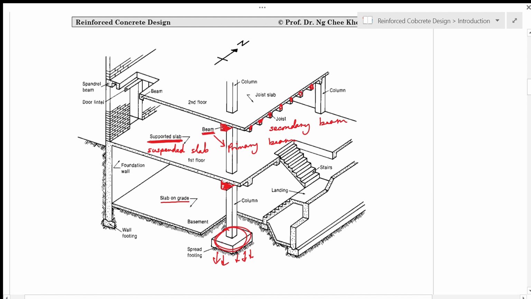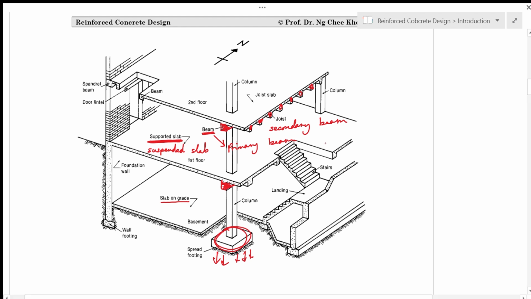So the concept of load transfer is that the slab transfers loads to the beam, the beam transfers the load to the column, the column transfers the load to the footing, and the footing transfers the load into the ground.